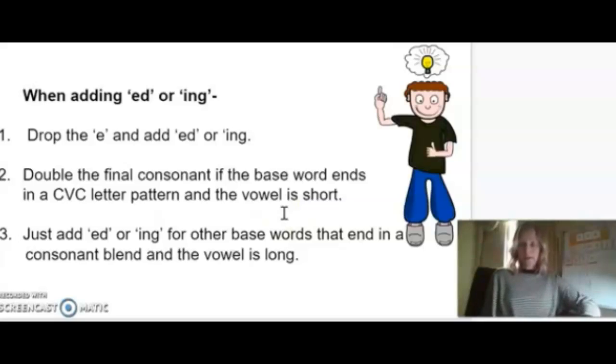It'll make it much easier if you see it happening. And then the third option was if it's just any other word that doesn't have a CVC pattern or doesn't have an E on the end, we will just add ed or add ing to the end. Usually those words might have a consonant blend, or it might be a different pattern, like two vowels and a consonant. Let's do some practice because that's the easiest way.